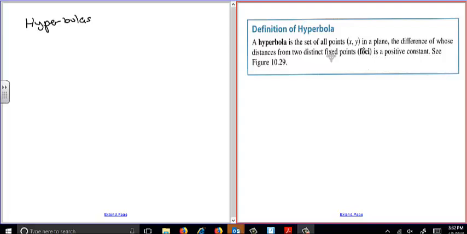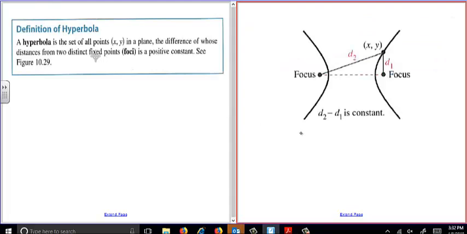So this differs from an ellipse because instead of looking at the difference, for an ellipse we look at the sum. So here's a picture. You have these two focal points, two foci.